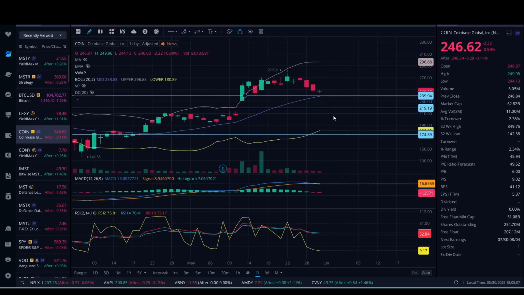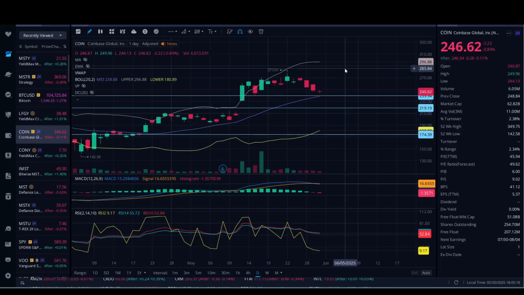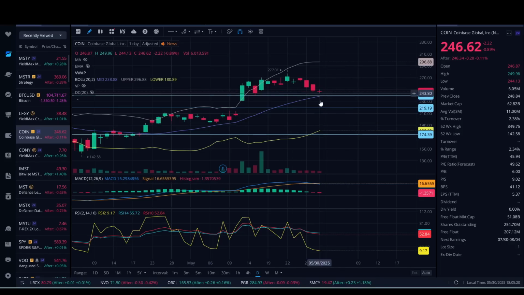And as you can see, here's Coinbase, and it's been doing just the same thing, right? Getting close to that mid and bouncing off. Getting close to that mid, and then, I don't know, is it going to bounce off, or are we going to break down below it? You can see that the RSI2 is below the 10. It's actually at 9.17. We did get the cross down on the MACD, which is a negative sign.